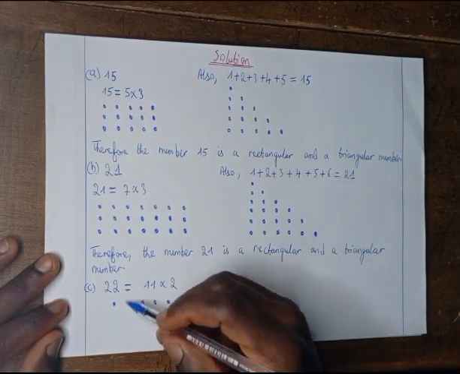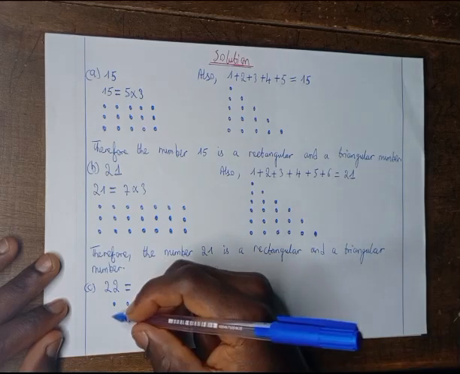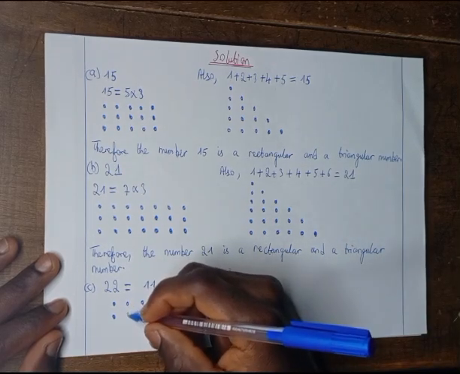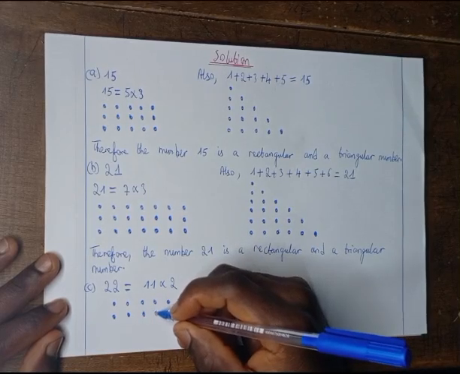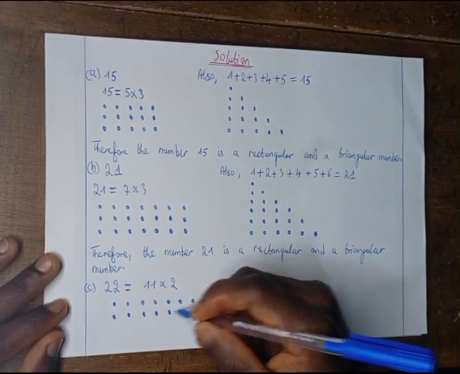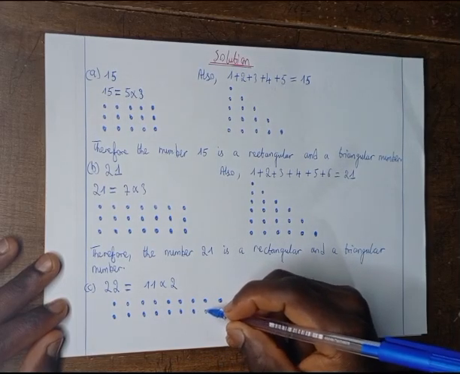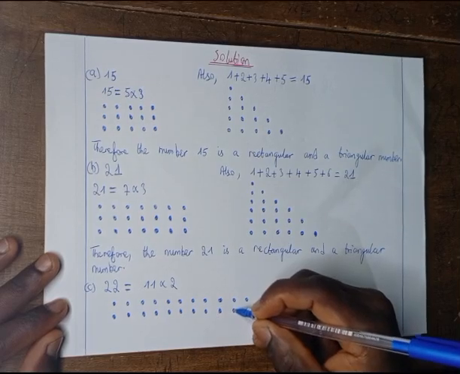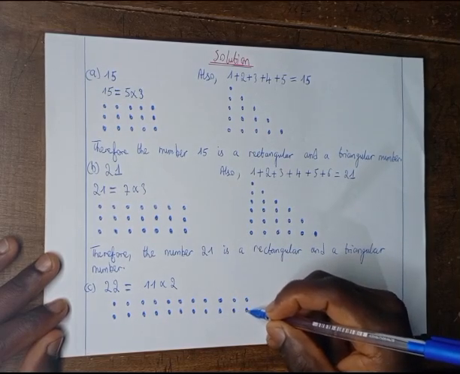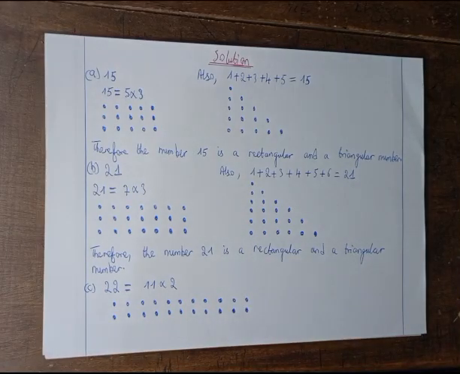We count: 1, 2, 3, 4, 5, 6, 7, 8, 9, 10, 11. Here you see that the number 22 is a rectangular number.